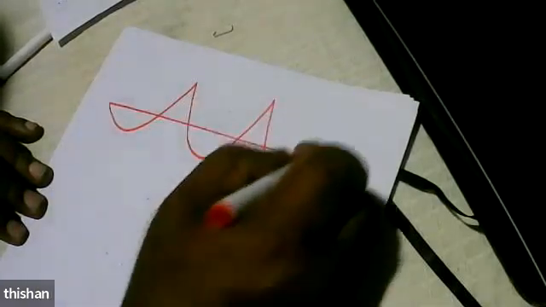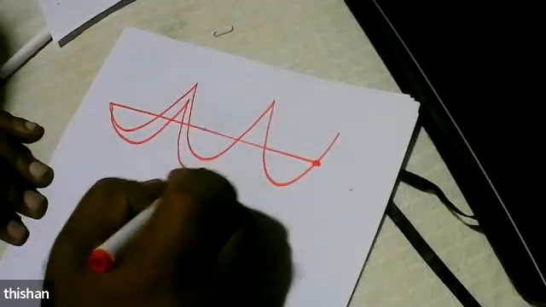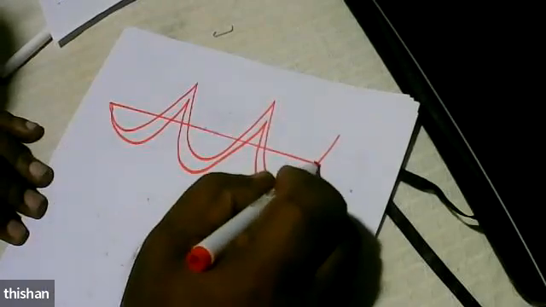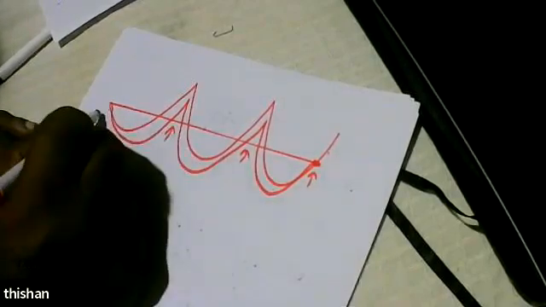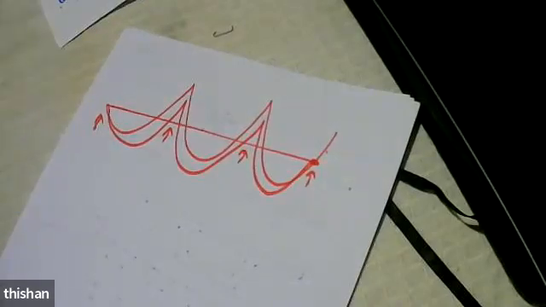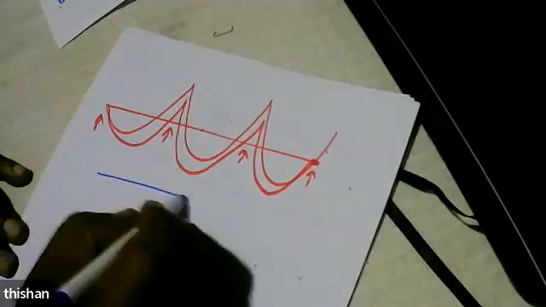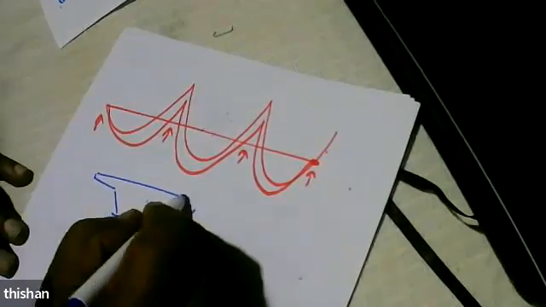Now let's see what will happen due to secondary moments. We have a bending moment diagram. So it's three spans, right? And it's a section like this. Our section is like this for highways.